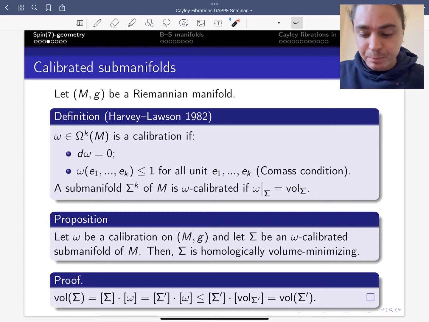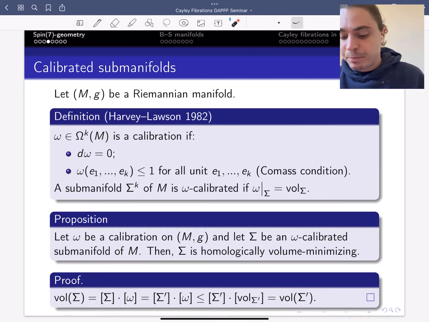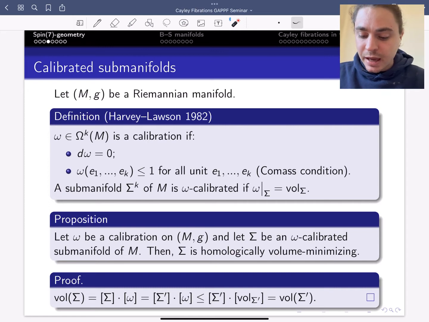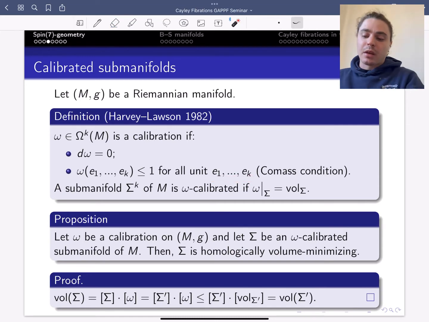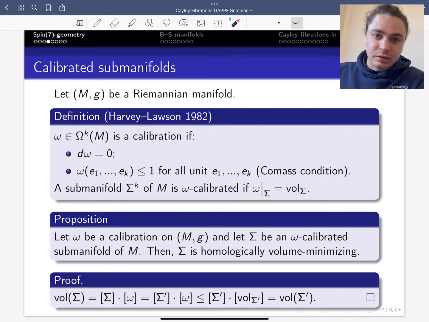So given a Riemannian manifold, so no 8-dimensional object here, we say that a k-form omega is a calibration if it is closed and has comass less than or equal to 1, which means that omega of e1, ..., ek is less than or equal to 1 for all unit e1, ..., ek. So given unit tangent vectors, if we plug them into omega, we get something which is less than or equal to 1.